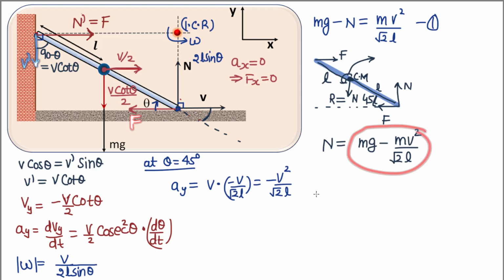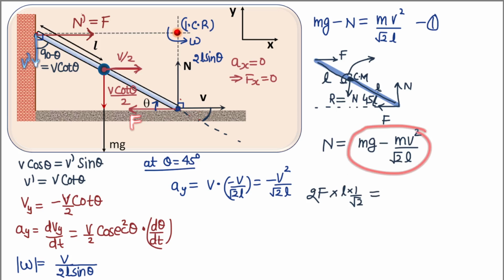What will be the value of these two torques? F into L sin 45, right? So L sin 45, two times. They both are providing torque in the clockwise direction.